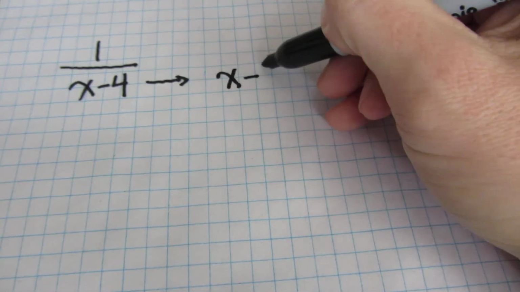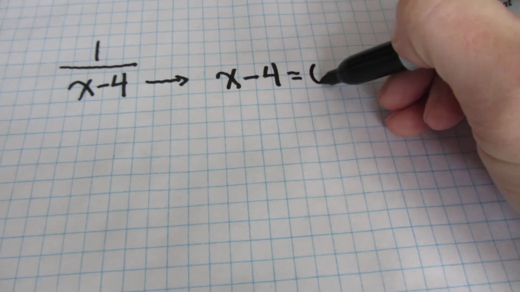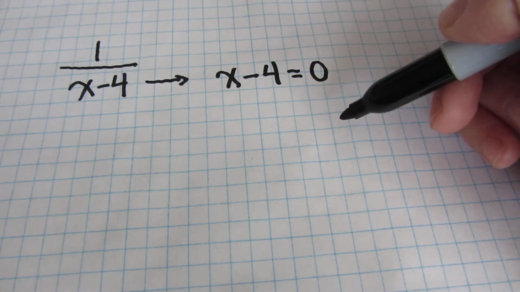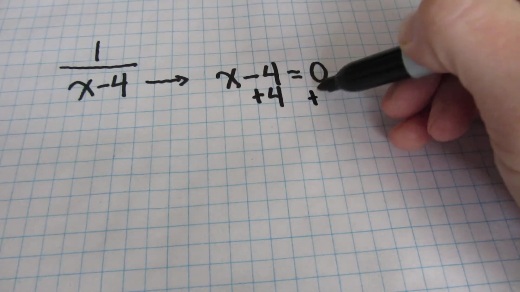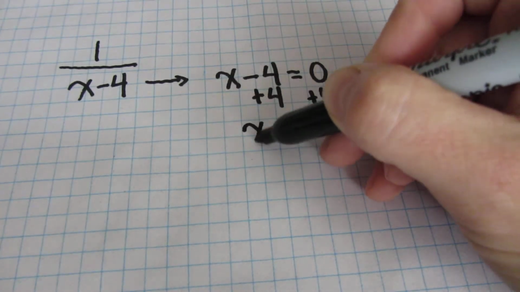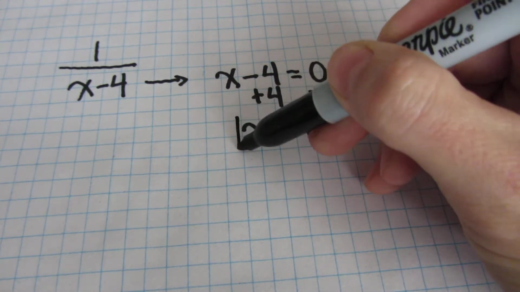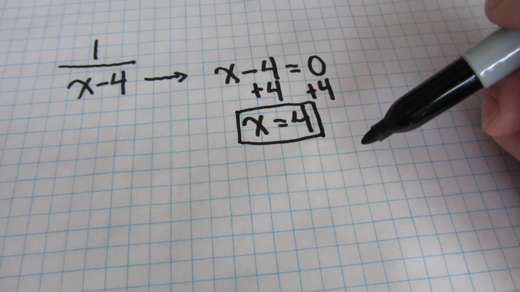Well, let's start by just pulling out that denominator and setting it equal to 0. And then solving that equation for x. So we're going to add 4 to both sides. And we get x equals 4. So x equals 4 is the excluded value for this situation.